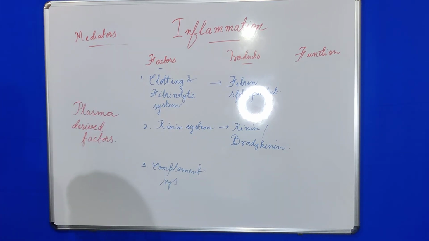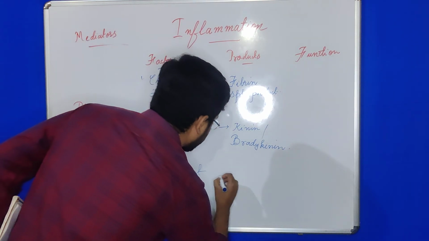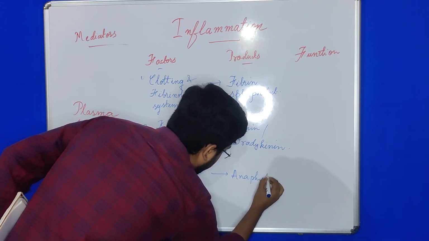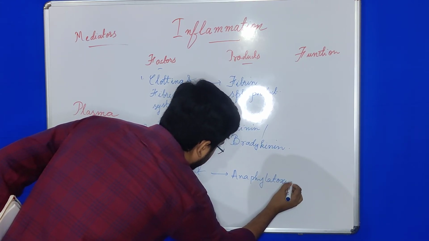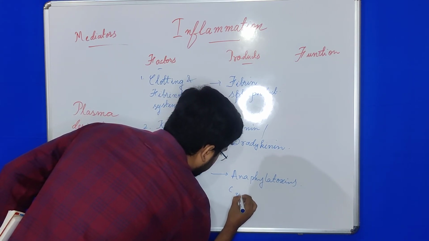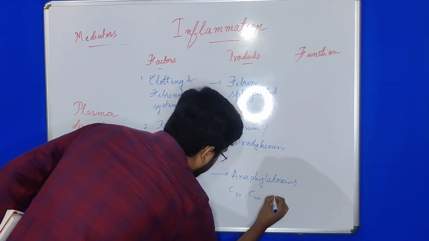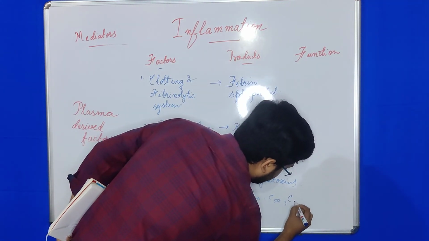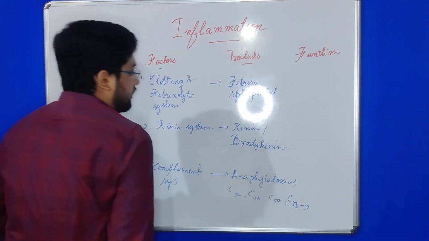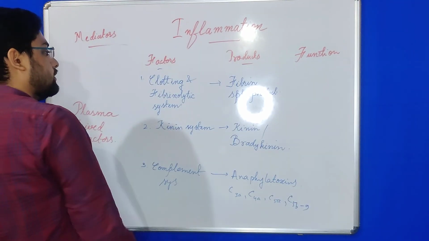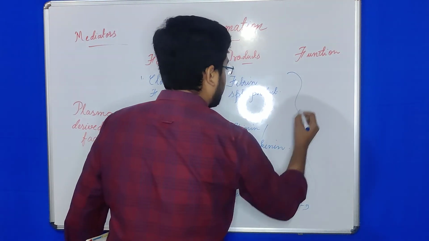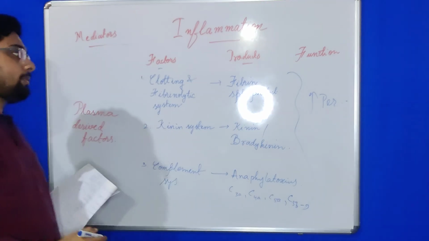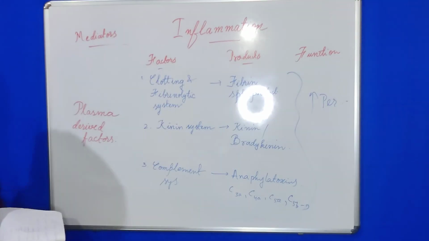The complement system produces anaphylatoxins. So the function of all these things is to increase permeability of capillary.